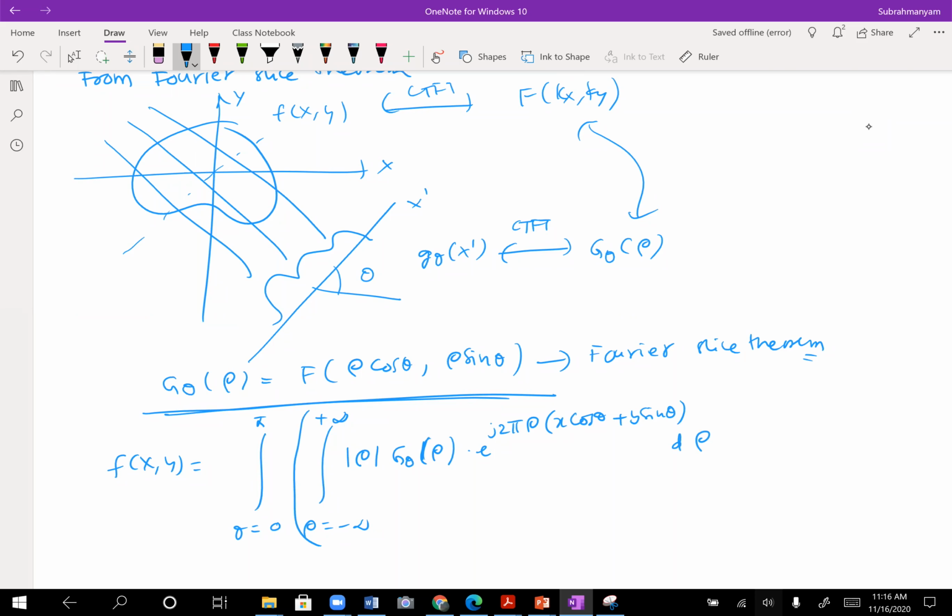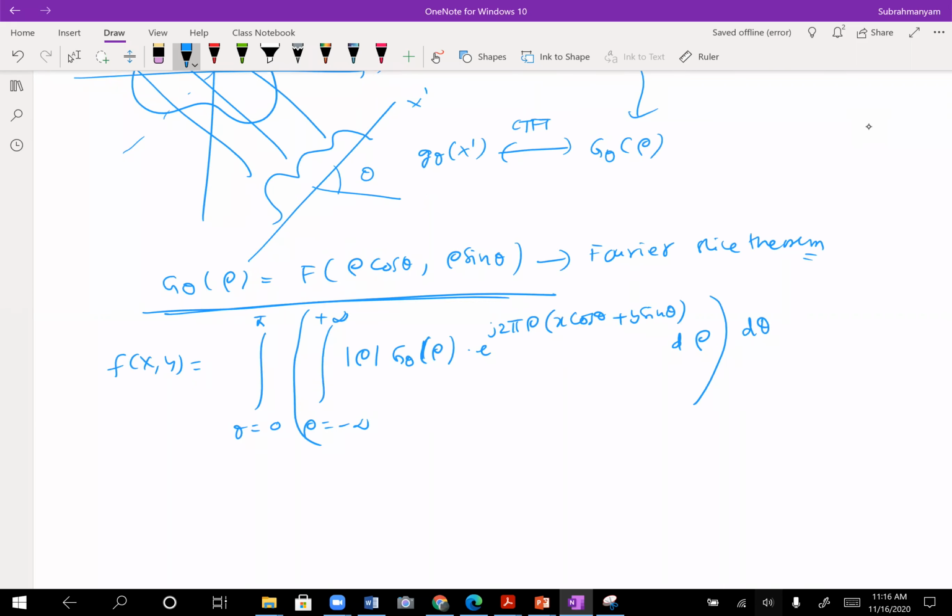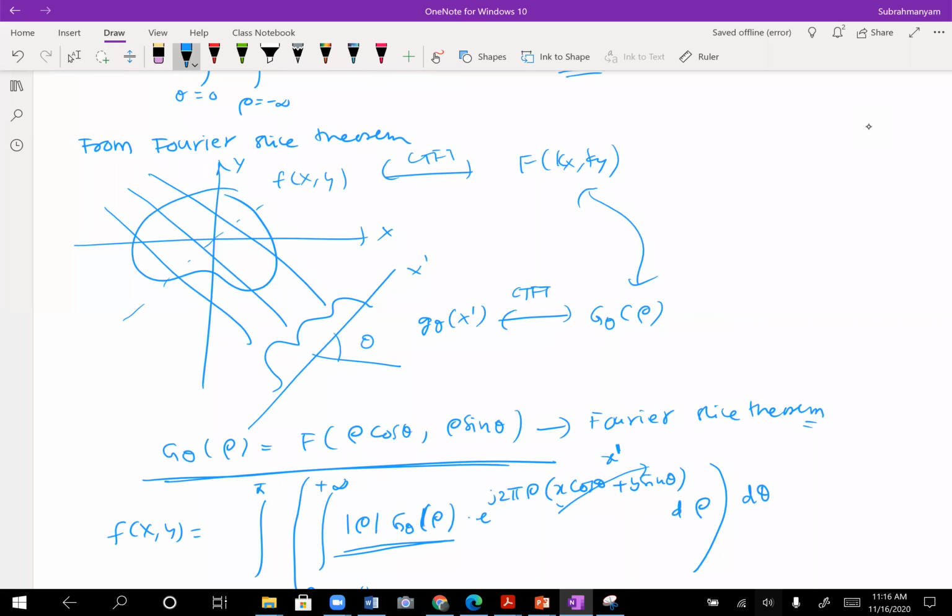Okay, let me put it in one bunch here, and d theta. You could see that I could replace this with x prime here, because hope you remember, this is your x prime. So x prime will be equal to x cos theta plus y sin theta.